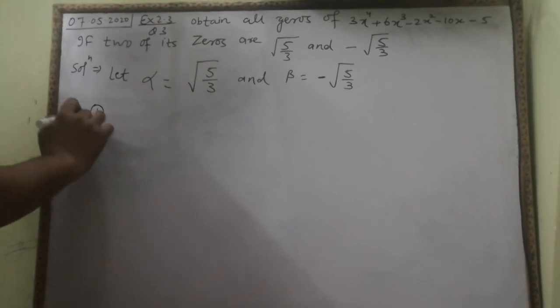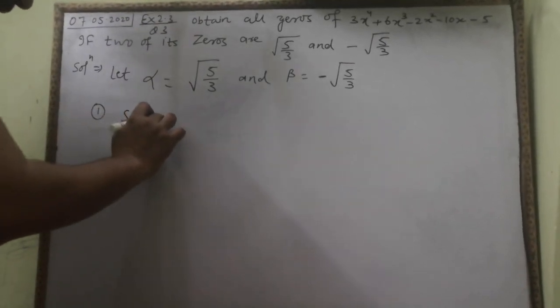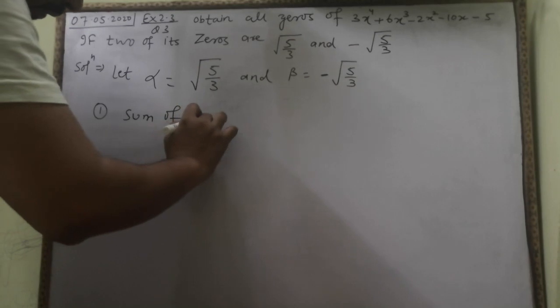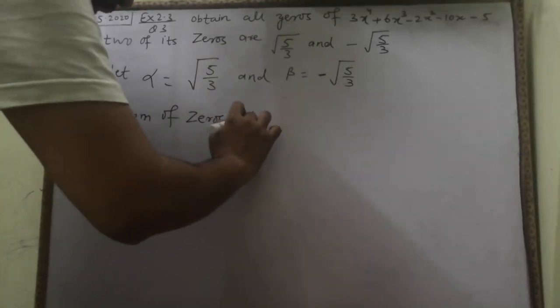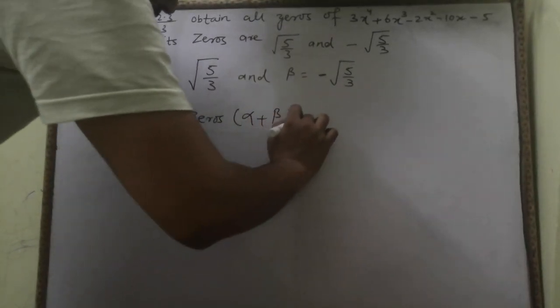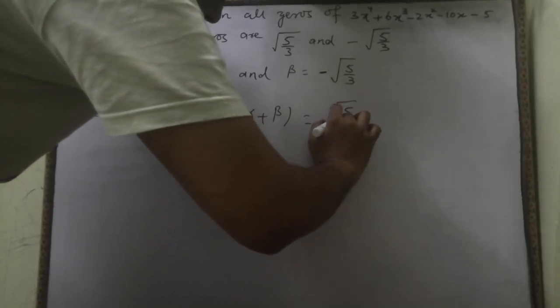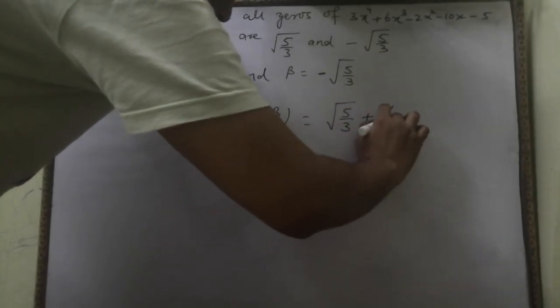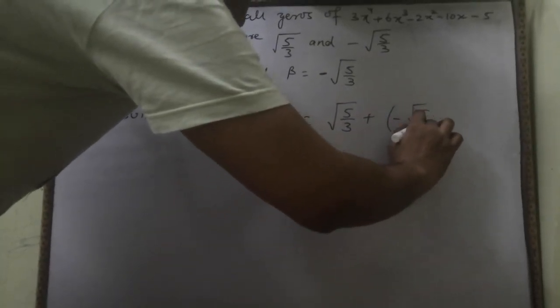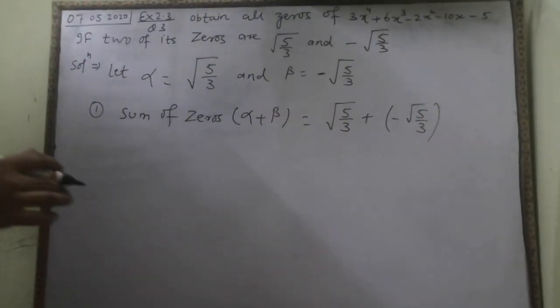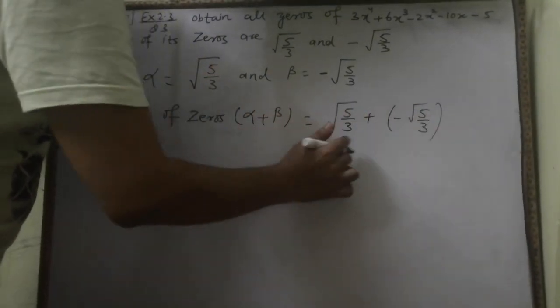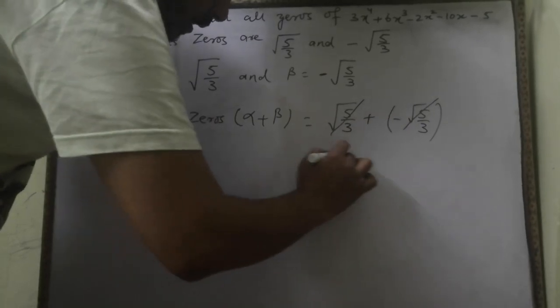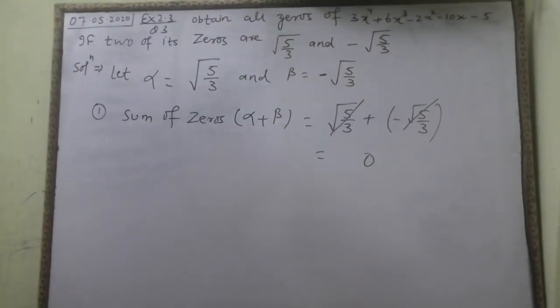First we will find the sum of zeros. Sum of zeros is also called alpha plus beta. That is root 5 by 3 plus minus root 5 by 3. Here you can see that one has a positive sign and one has a negative sign, so they will cancel out and the result will become 0.